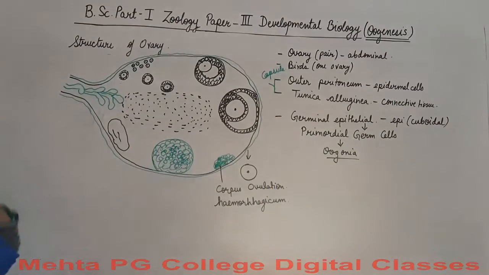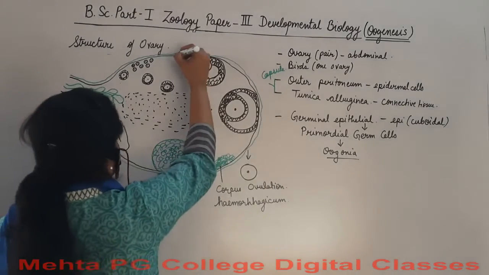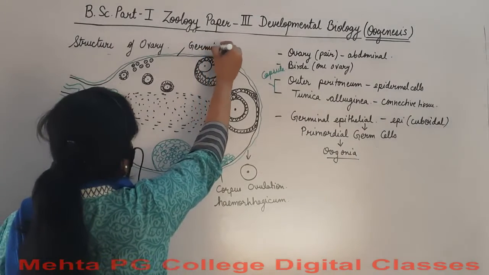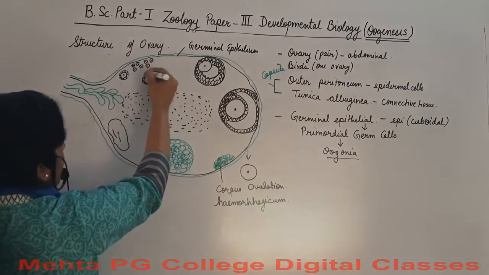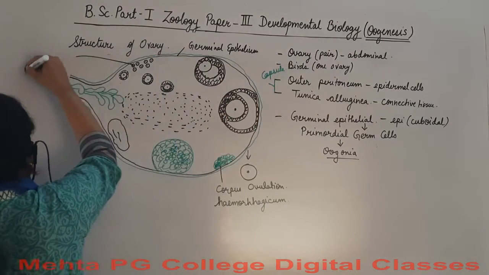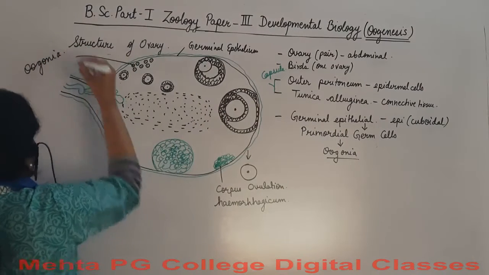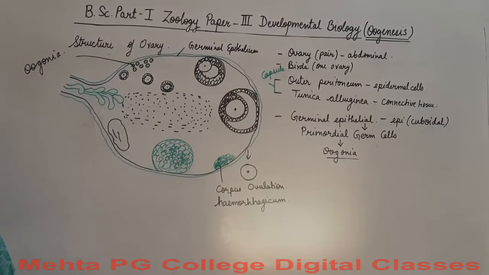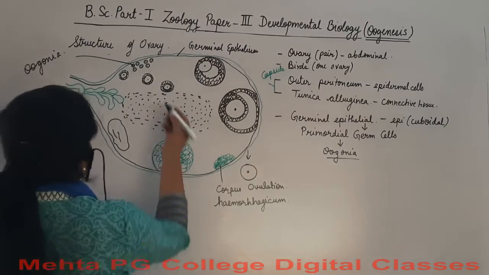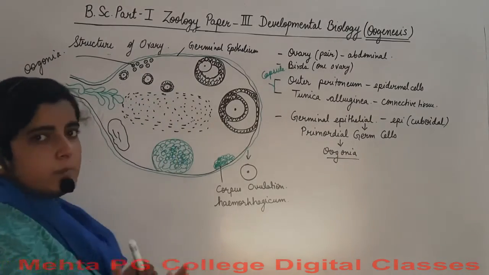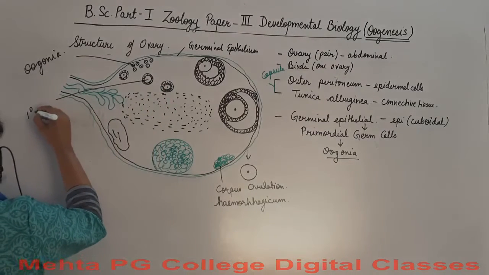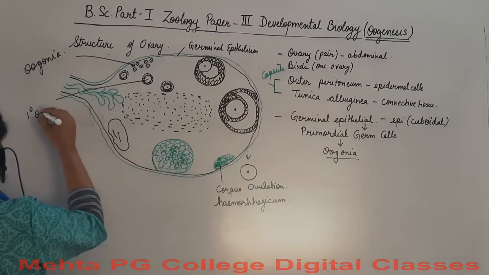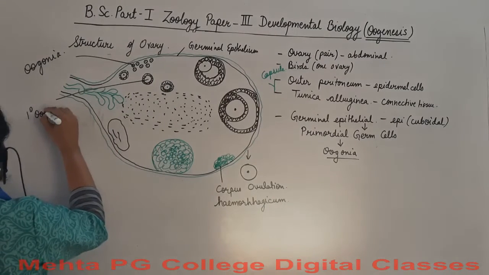Now we will see this, the germinal epithelium, and from this layer oogonia are released. These are oogonia, and when these oogonia grow in number and undergo growth, then it is called a primary oocyte.